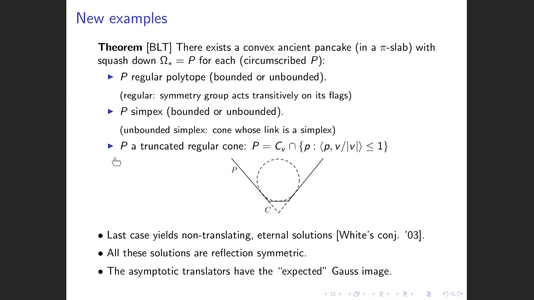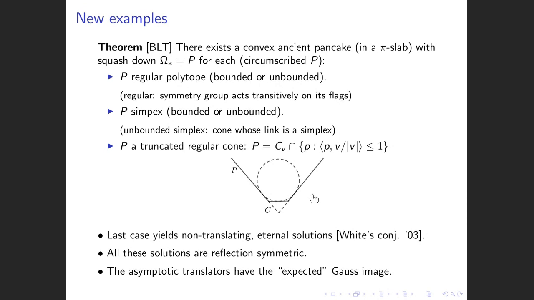And finally, a less symmetric but very interesting case is that P could be a truncated regular cone. So one can take a cone and cut off a vertex like this. You create a truncated cone, and one can create a solution like this. Now, why is this interesting?